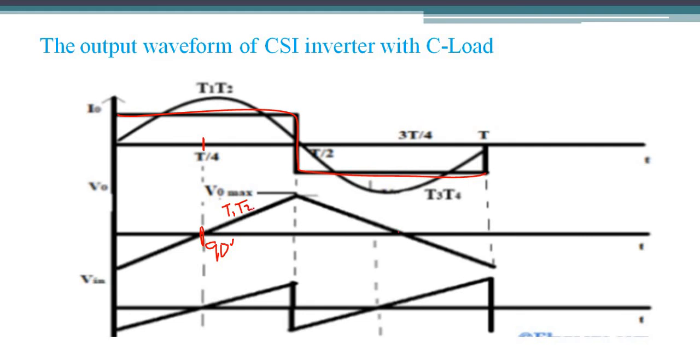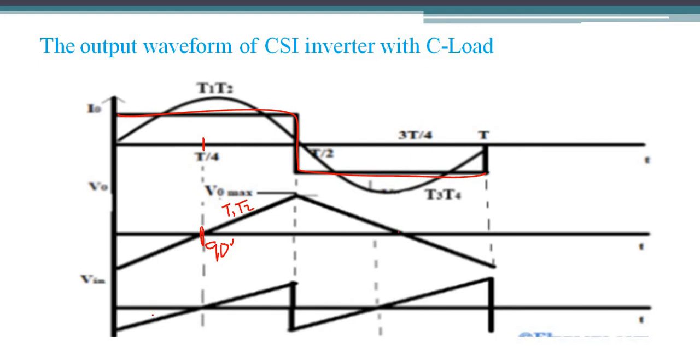Since it is a capacitor load, the conduction period will go on up to here, and again T3 and T4 because of the capacitive nature. Since this is a current source inverter with capacitive load, natural or load commutation is possible to turn off the thyristors T1 and T2.